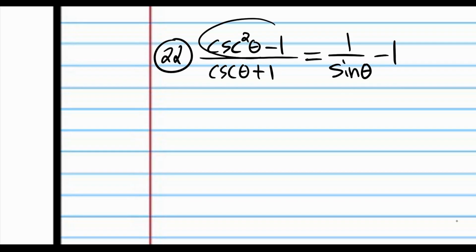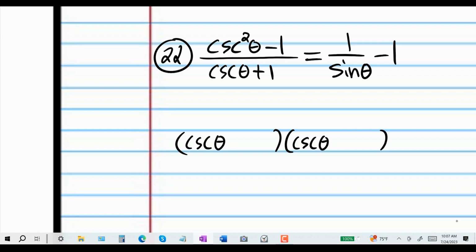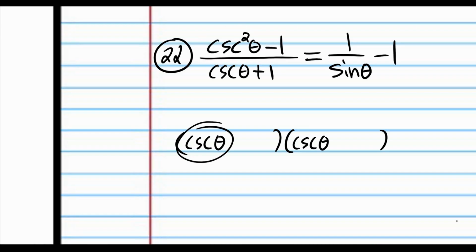So this is the difference of two squares. If you write a square on the one, you can see it's a difference of two squares. So we're going to factor to a product of binomials. What number times itself is cosecant squared theta? Well, that's cosecant theta. What number times itself is equal to 1? Well, that's 1.